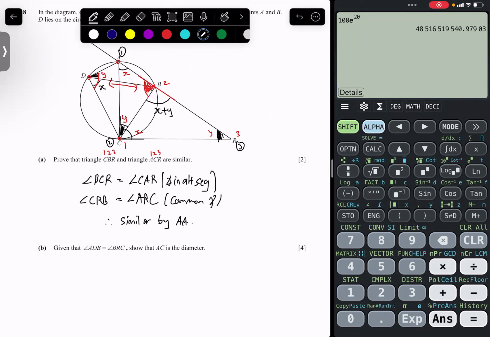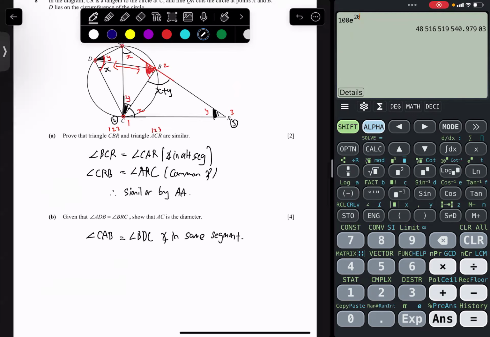Firstly, where did we start off with? ADB equals BRC, right? Angle CAB equals angle BDC, angles in the same segment.